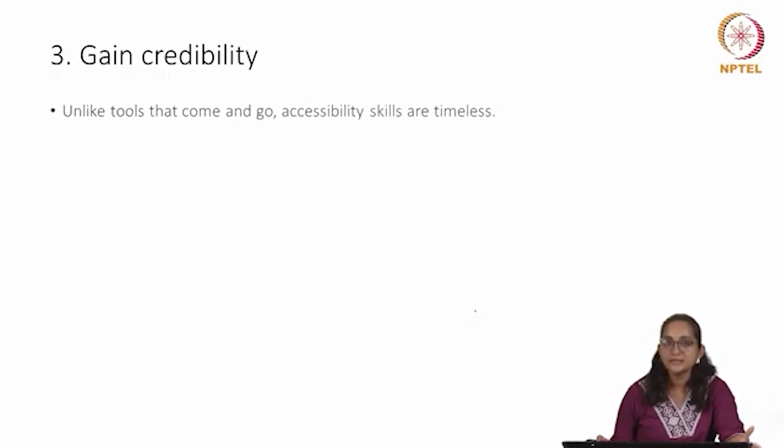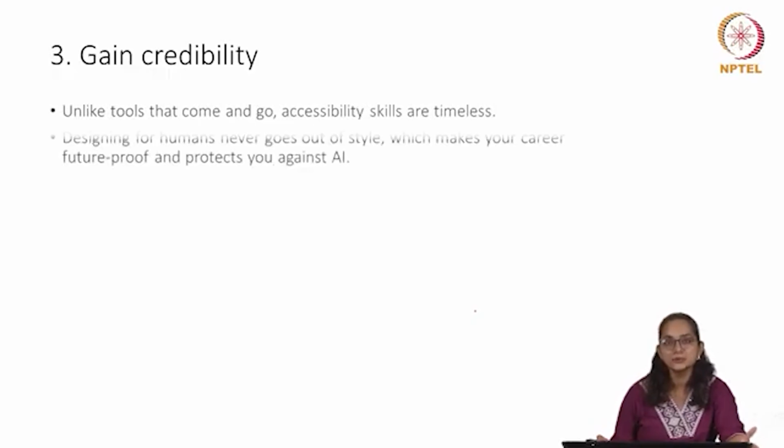Right? So designing for humans never goes out of style, and this thought process, learning how to think about humans first, and then understanding which tools are needed and learning those, is something which will future-proof your career as well.